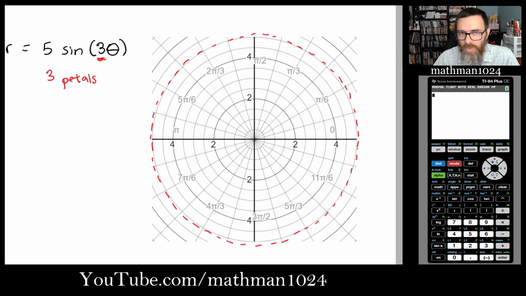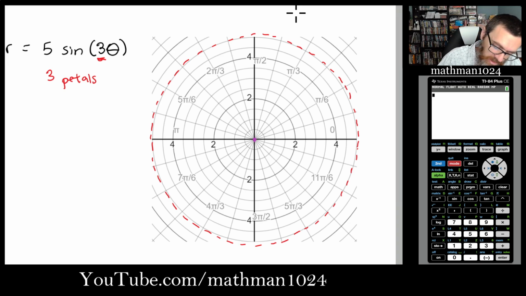Because this is sine, we can do the divisions very nicely, because we know that sine, when you start at theta equals 0, starts right here at the pole. So we expect it to do a petal out there, and then where's it going to go after that? My recommendation: we know there's going to be 6 regions.